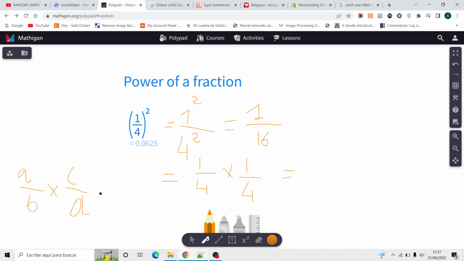You can multiply the numerators, a times c over b times d.